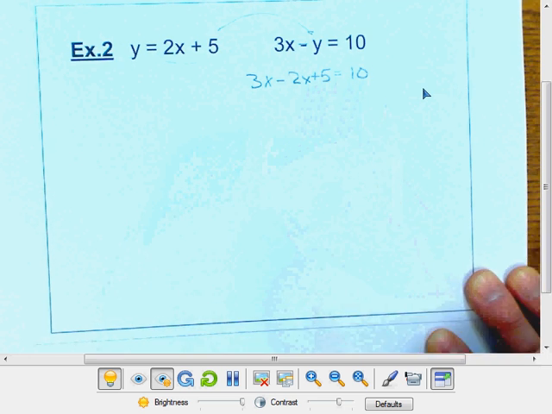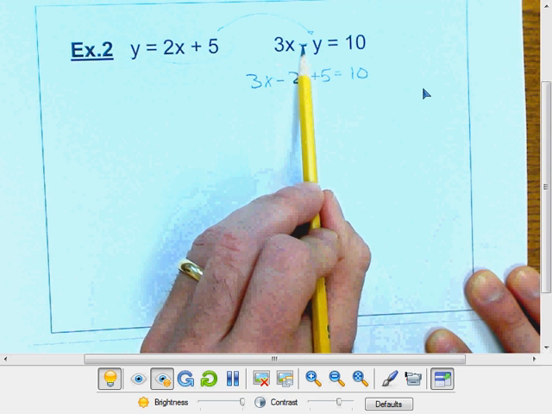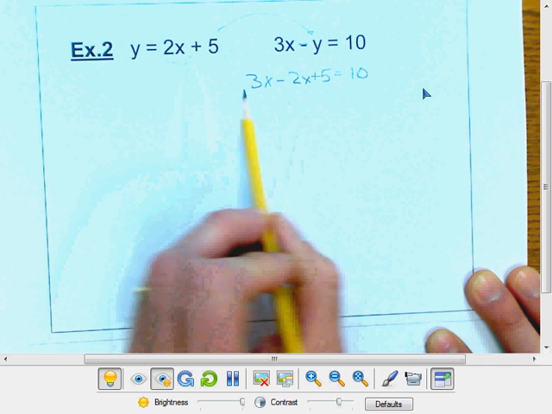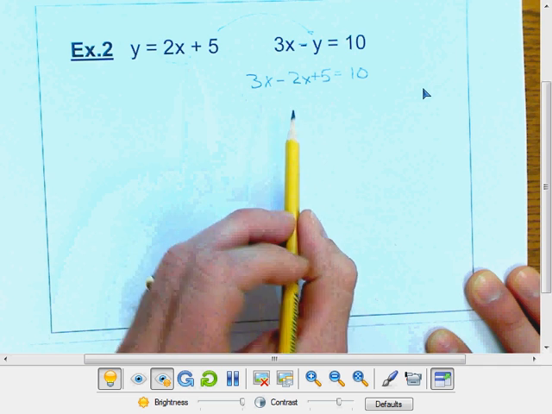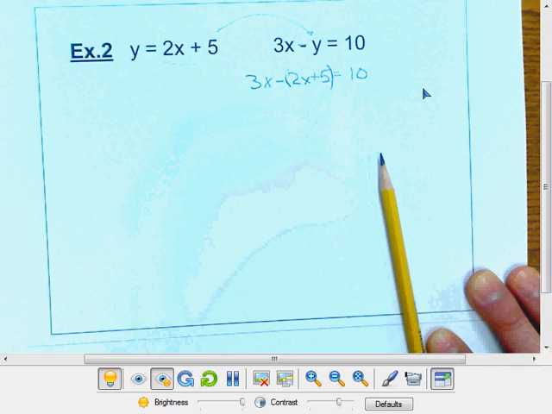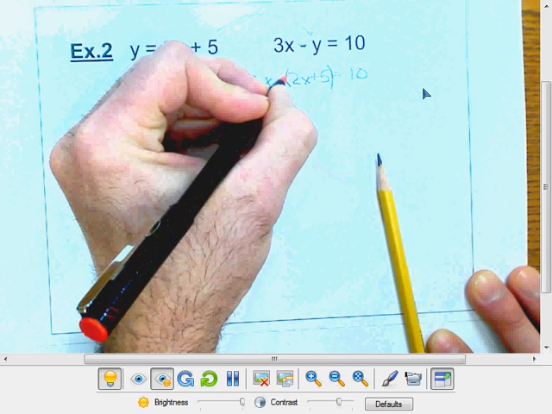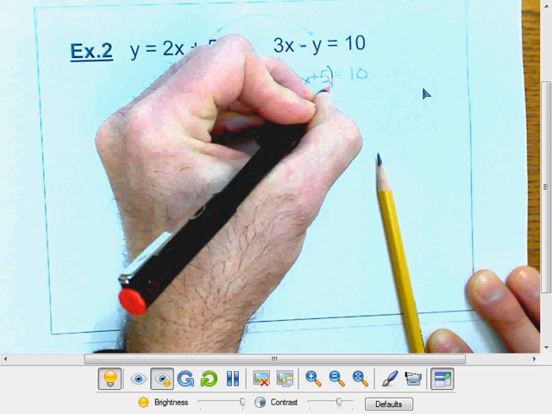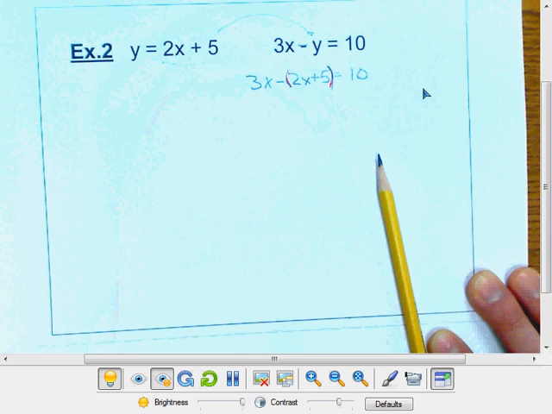I've actually substituted that in wrong at this point, because you're supposed to be subtracting all of what y is. Now the only way to subtract all of what y is, parentheses are going to have to go around this. I might even grab a pen right now to get some color on here and emphasize that those parentheses have to get put on there.